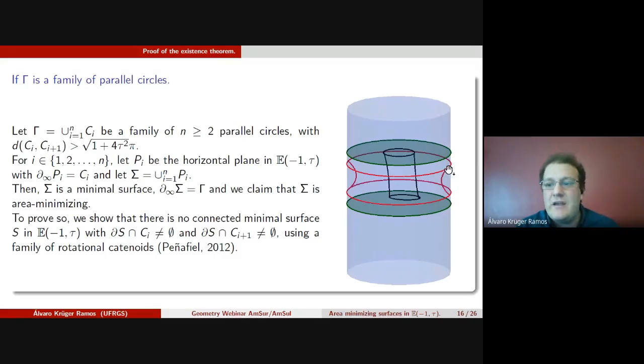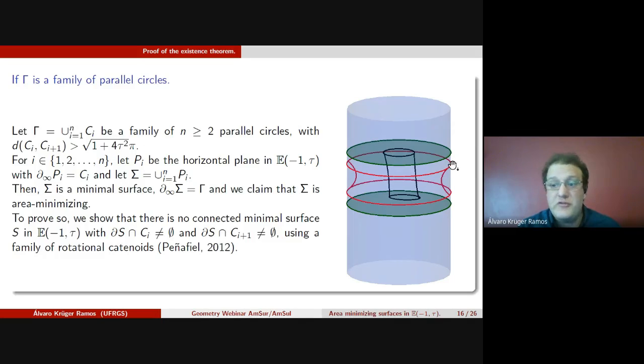They look like that. When they are very high, when these two boundary circles are far apart, then this catenoid is almost going to infinity. And the largest height for which they exist is exactly this number. Actually, they exist for any difference in height less than this number.